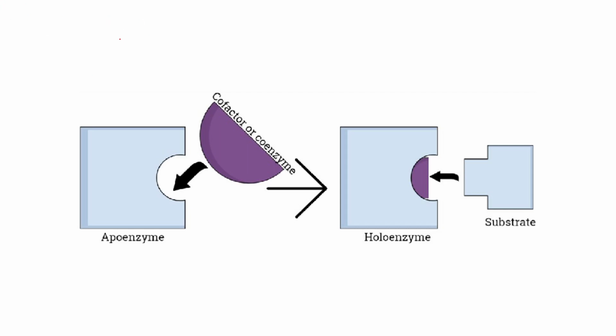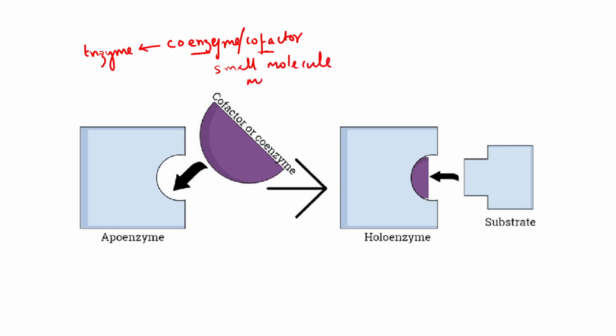Wait, I'll explain. Just a second. If I have an enzyme, this enzyme needs a helper. This enzyme needs a helper that is called coenzyme or cofactor. So coenzyme or cofactor, it's a small molecule, generally a metal ion.